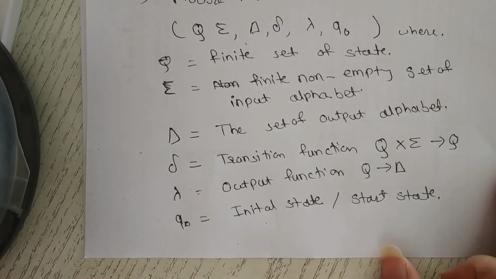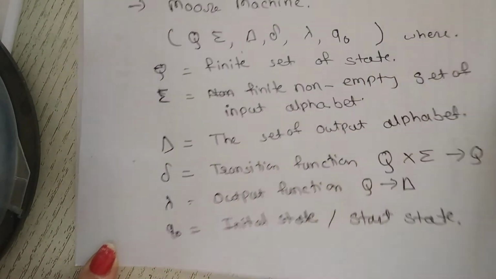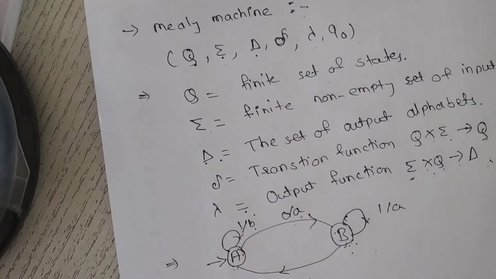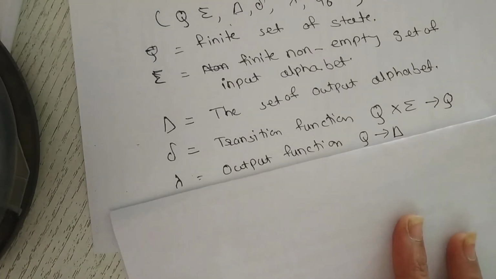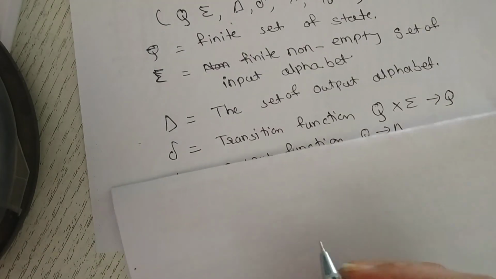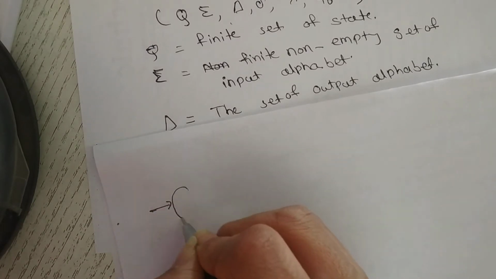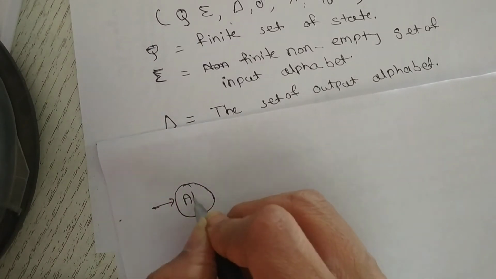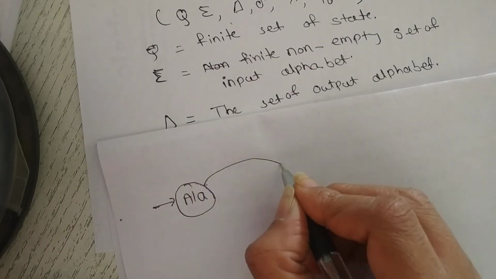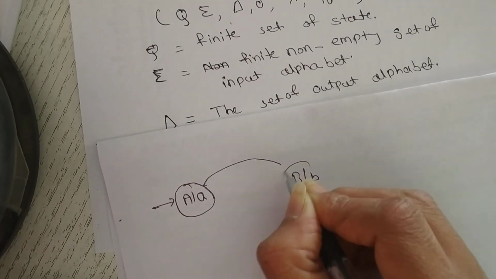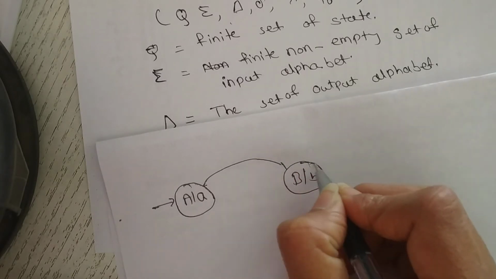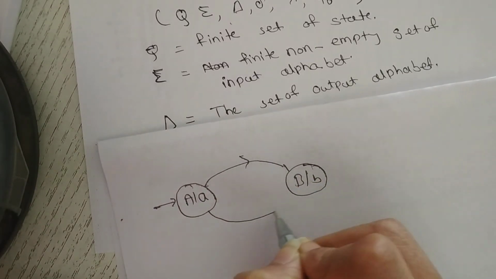So let's see an example of a Moore machine. For the example of a Moore machine, let's see this one. I will draw this diagram first, then I will explain, with inputs.